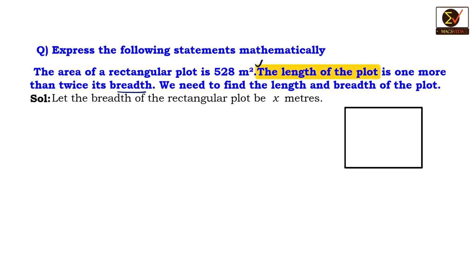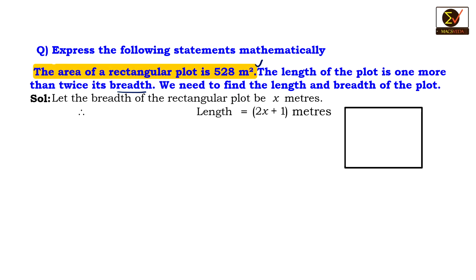Therefore breadth is equal to x. Therefore length is what? 1 more than, that is 1 plus twice its breadth, that is 2 times x. So if breadth is equal to x meters, length will be 2x plus 1 meters.